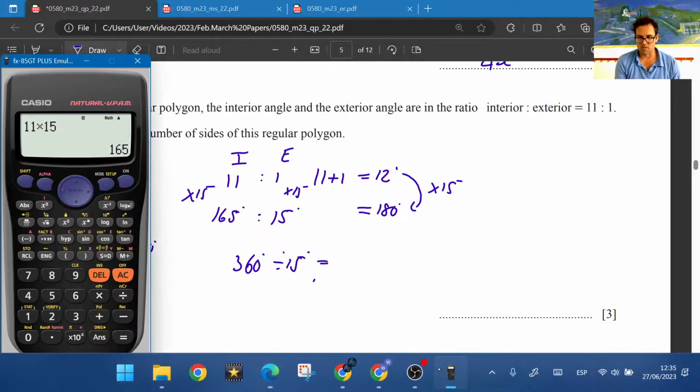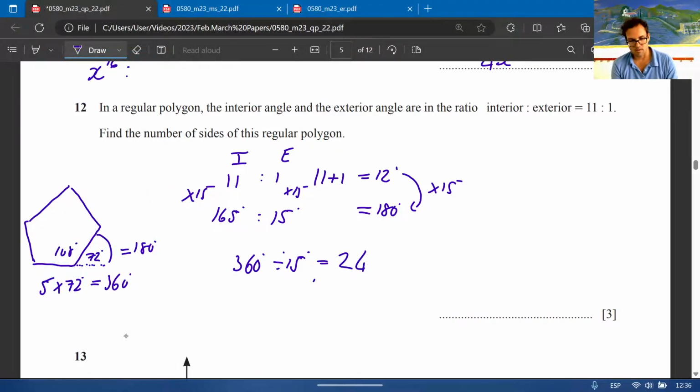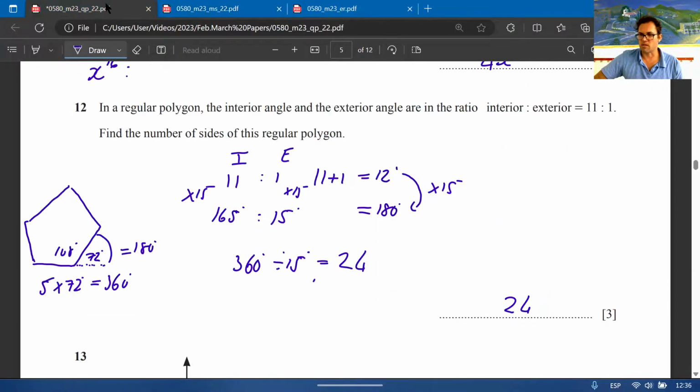What is that going to be? 24 sides. Easy as that. 24 it is. Oh my goodness, they made it complicated there. I think my method makes more sense, yeah? Use the ratio. Remember, equivalent ratios are always easy to use.